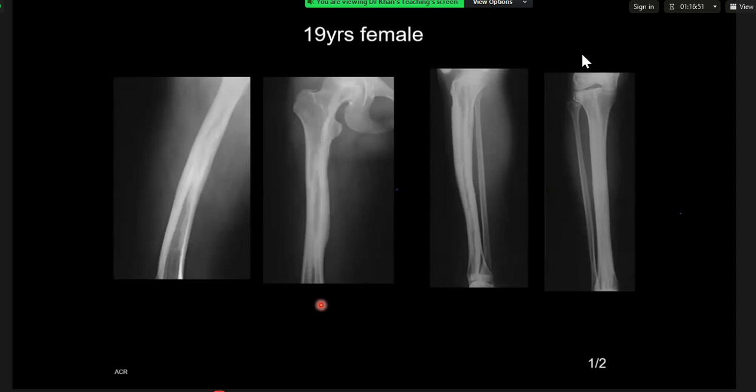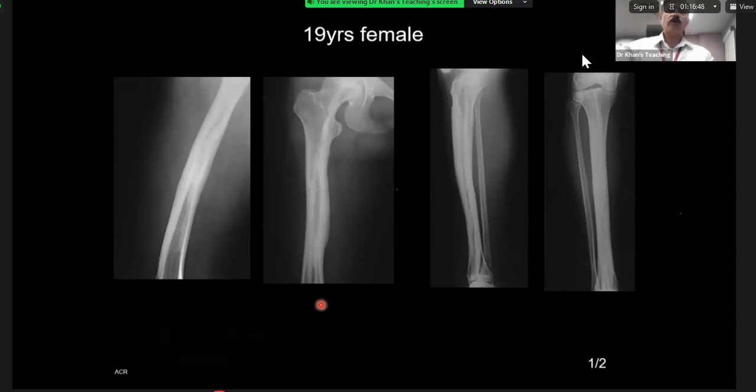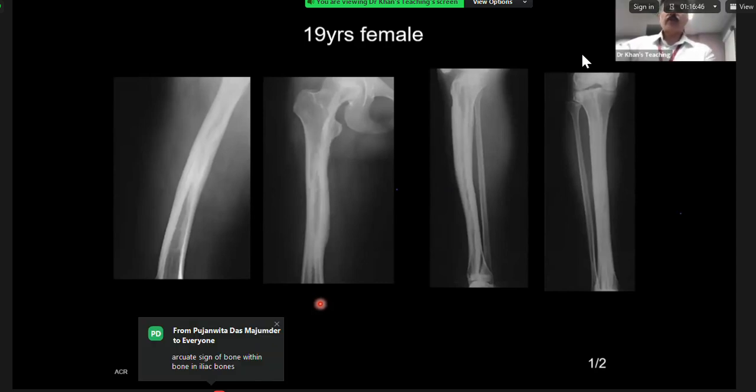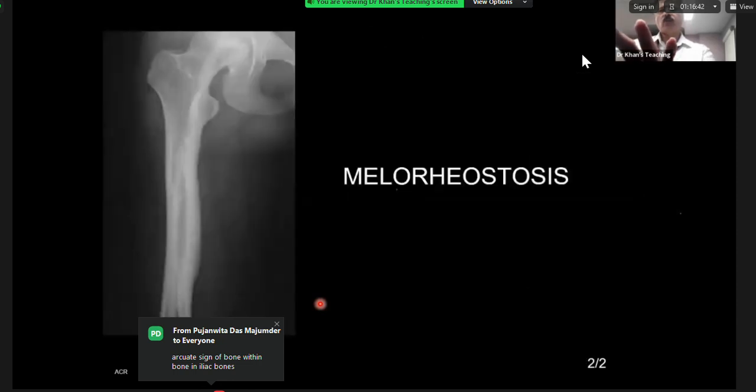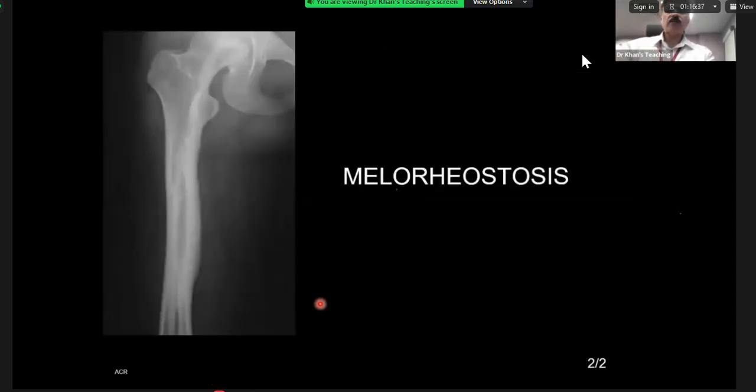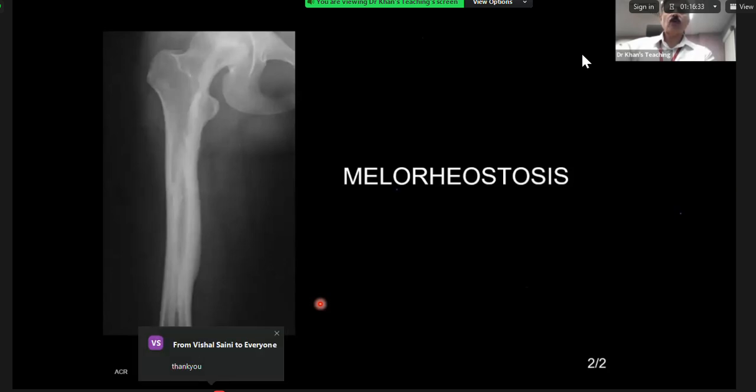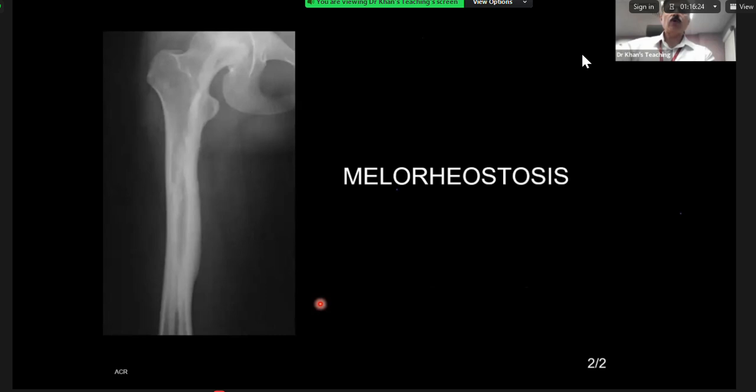Can you hear me? I can hear you. You've done well. Okay, so let me describe melorheostosis and what happens there. Please remember that it is one of the sclerotic bony dysplasias. The osteoblasts are not working normally, and there will be deposition of bone on both the periosteal as well as the endosteal surface of the bone.